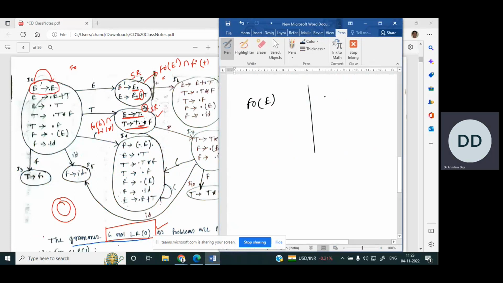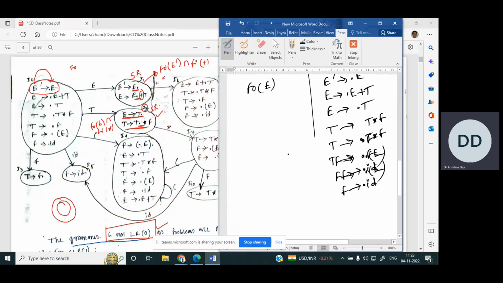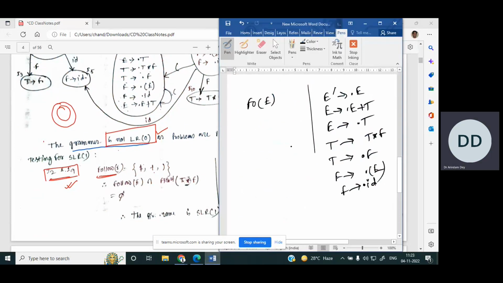Now, as per the productions, I am writing E dash to dot E, E to dot E plus T, E to dot T, then T to dot T star F, and then T to dot F, F to dot E bracket, and F to ID. So these are the productions that I had. Now we have to find out the follow.